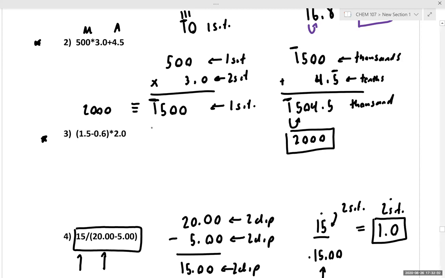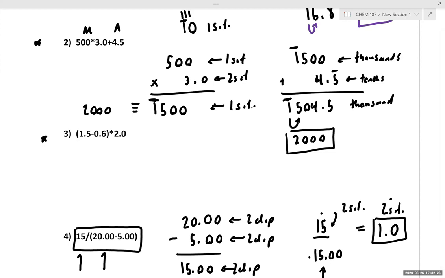So this bar tells us, even though we've written out 1500, only the 1 is a significant digit. The 1 is our last reported significant digit. So this number 1500 is treated as if it had 1 significant figure. Did that address your question?